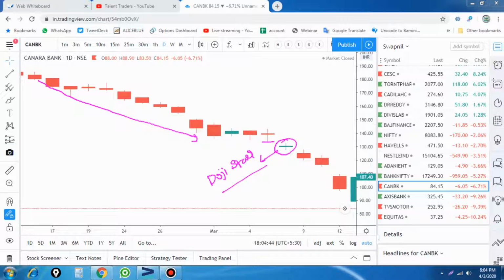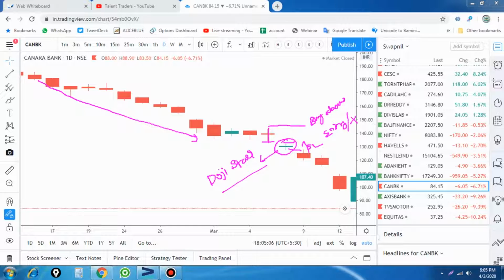The previous candle is also a red candle and the doji forms at the bottom. If you try to buy here, sometimes it triggers and continues, but we are waiting for the reversal above here with the stop loss. Otherwise there will be no entry, not triggered. So this is the pattern we have to find out.